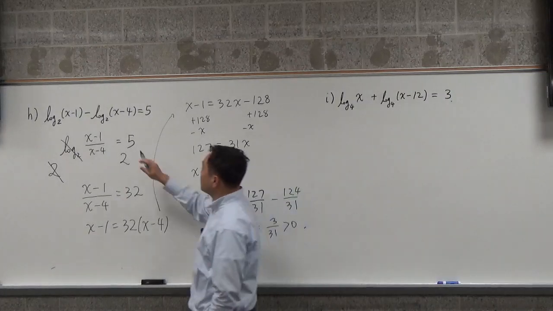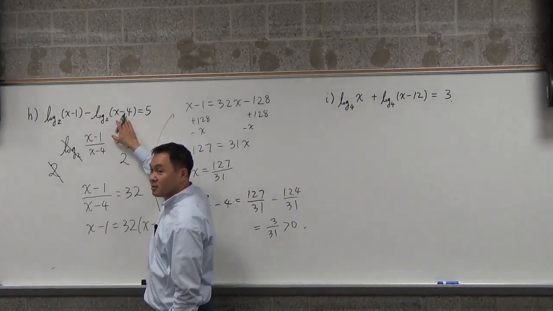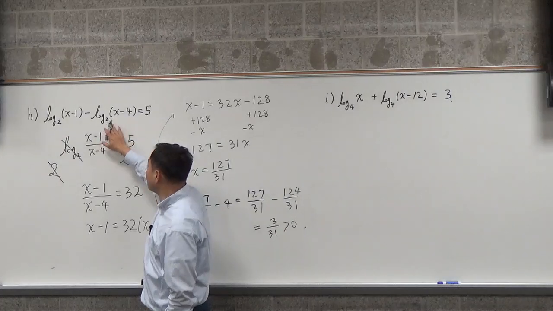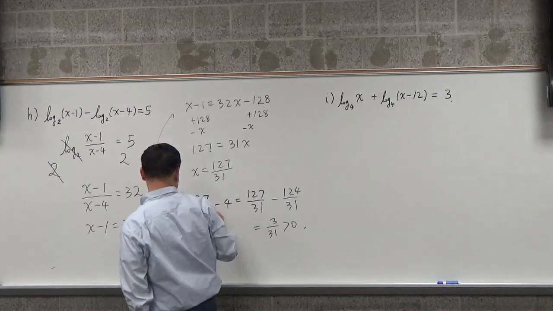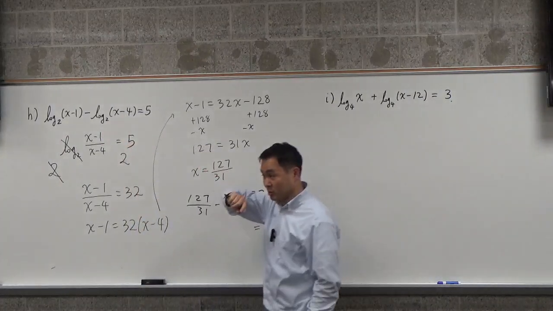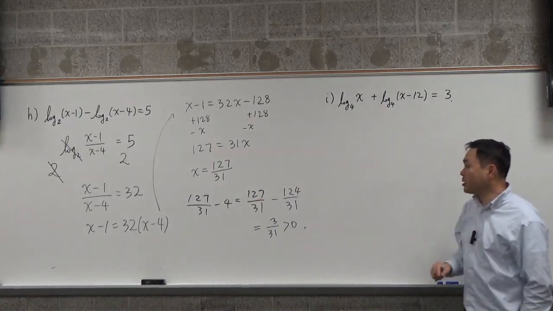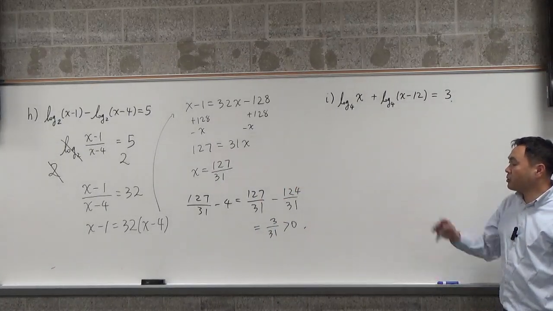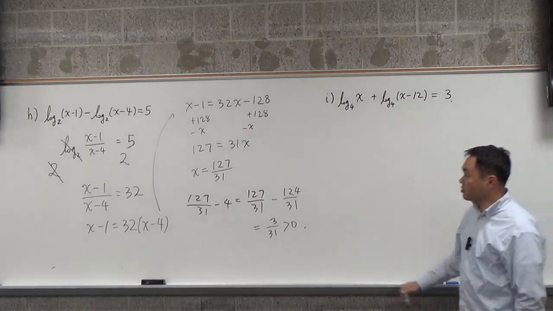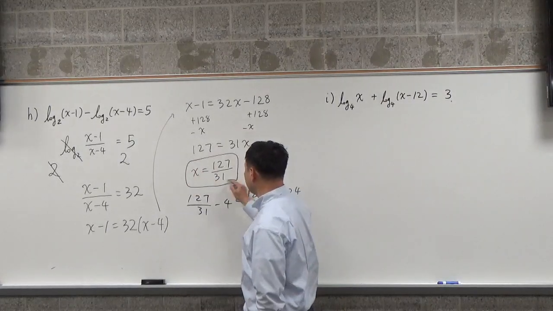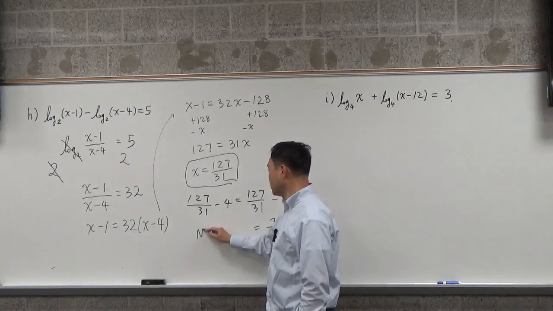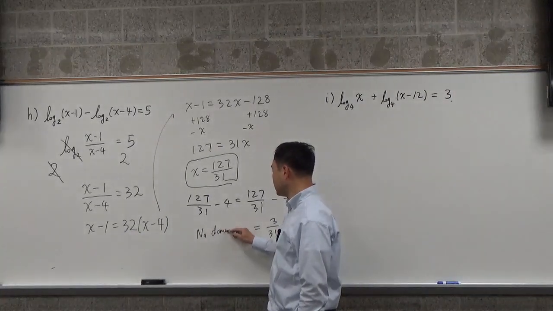And that means this is quite fine. Okay? This will not cause a domain error when you plug in 127 over 31. So therefore, that is indeed a solution, so that's the answer. No domain error.